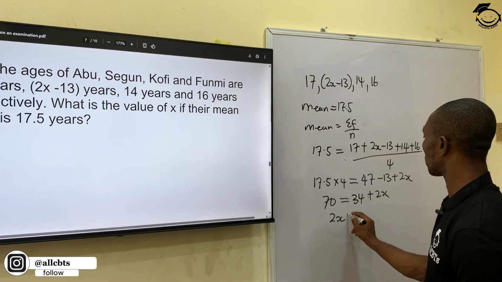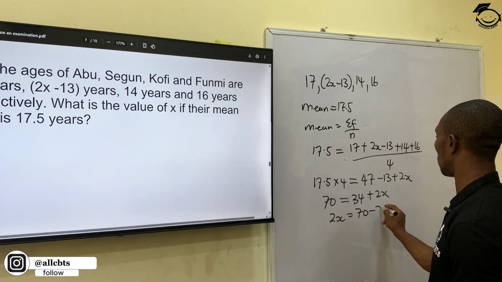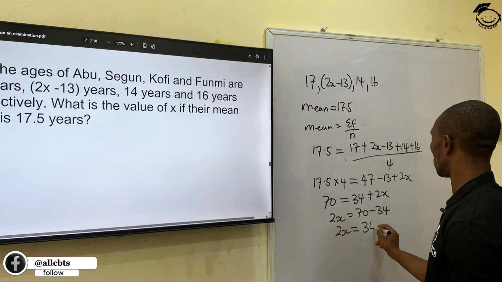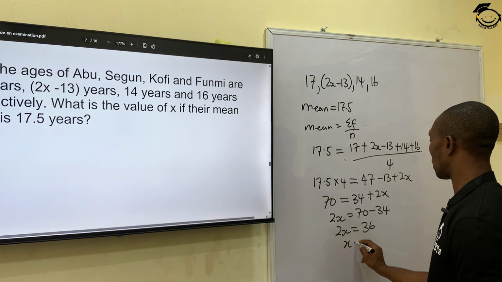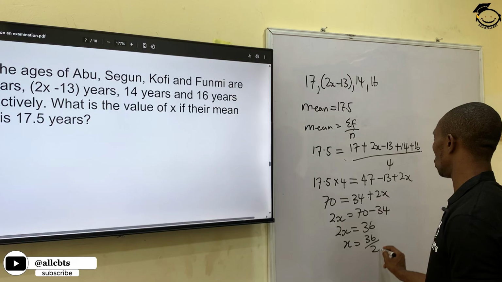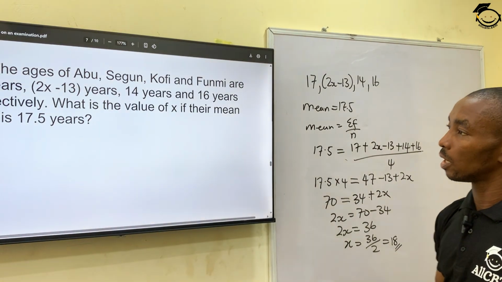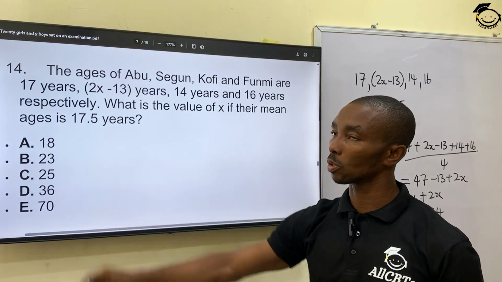So 2x equals 70 minus 34. 2x equals 36. Therefore, x equals 36 over 2, which will give us 18. So the value of x is 18, which is option A.